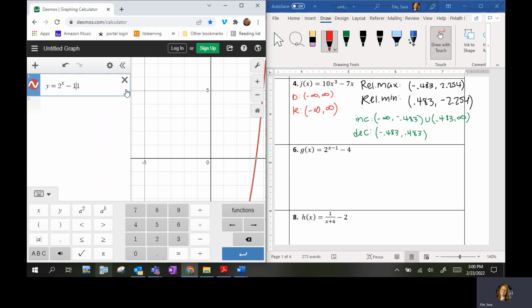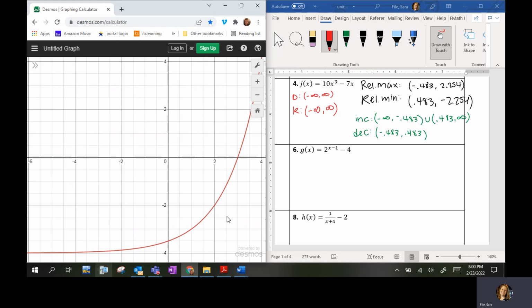Why is it not putting the minus 1 up there? Minus 4. So notice I typed it in and then I checked and it wasn't in the exponent. So always double check before you look at your graph, make sure you've got it typed in correctly. So 2 to the x minus 1 and then minus 4 outside the exponent.